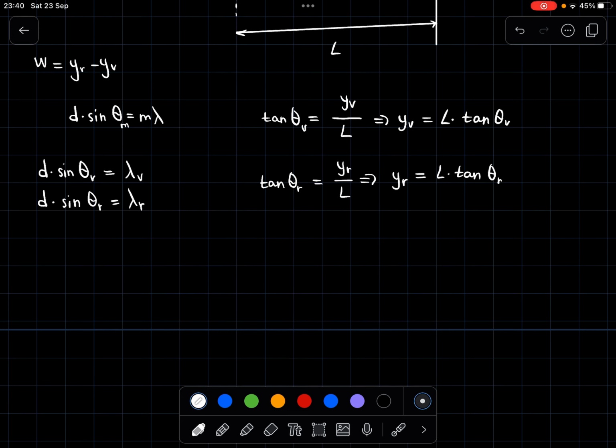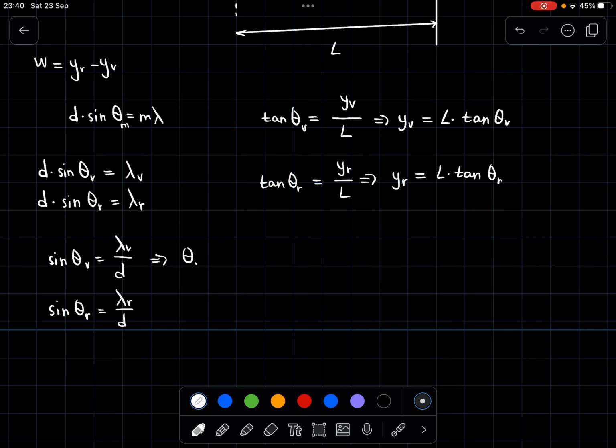So from these two equations I can find sine theta violet is equal to lambda violet divided by d, and it will be the same formula for theta red. It's equal to lambda red divided by d. If I know the sine of the angle, I can find the angle by using a calculator, or should I say arc sine.